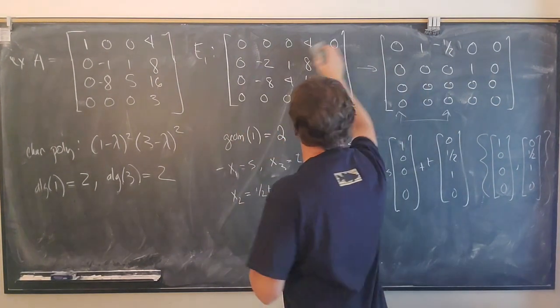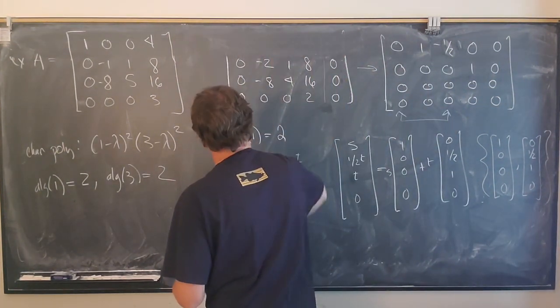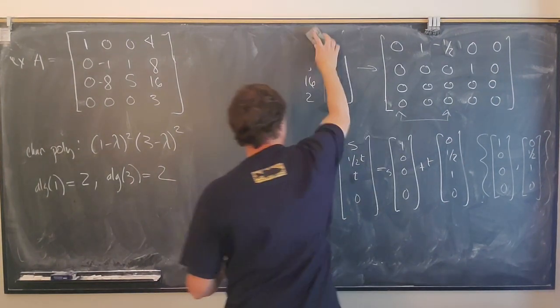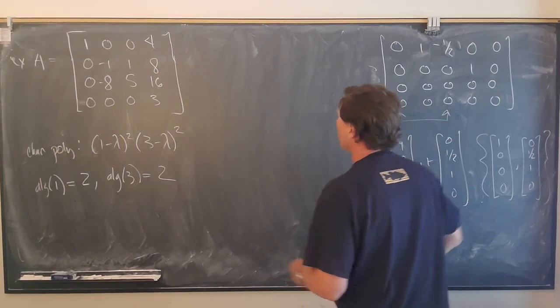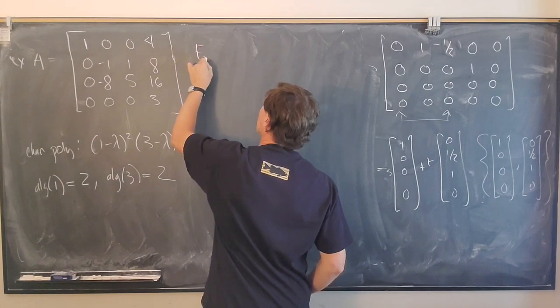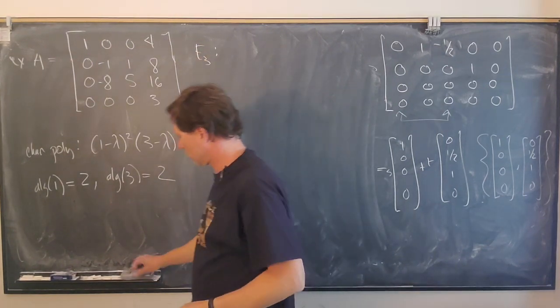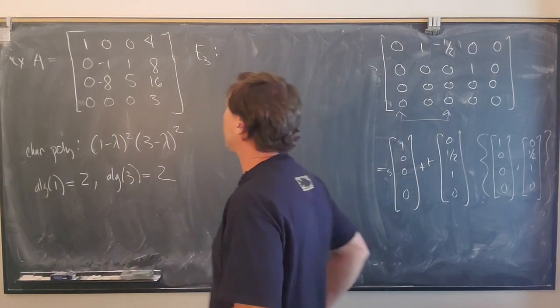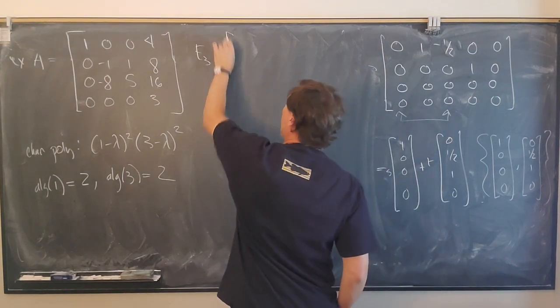Now I need to move on to E sub 3. Okay, so now I need to subtract 3 from each diagonal entry.